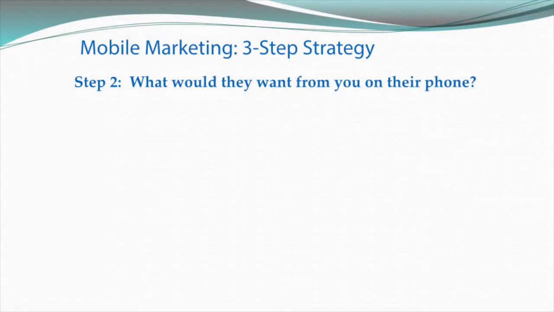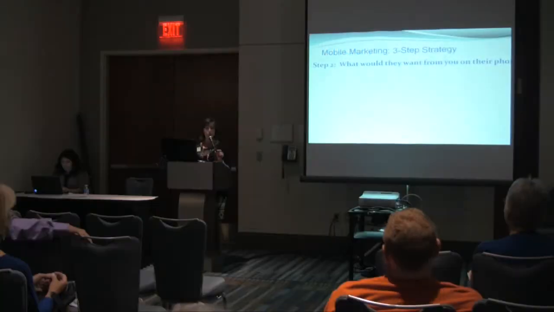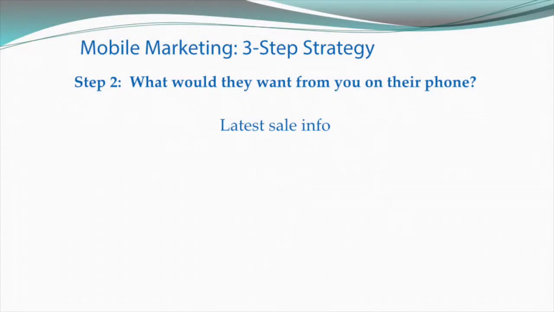Step number 2, now that you know who that customer is, what do they want from you? You meaning your business, on their phone? That's the big question. They might want the latest sale information that you have, a special offer. They might want directions. They definitely want directions if you have 3 locations. Say you have 3 boutiques. They're scattered all over town.